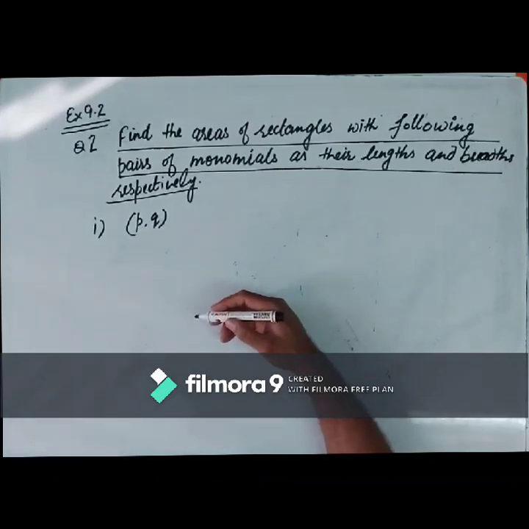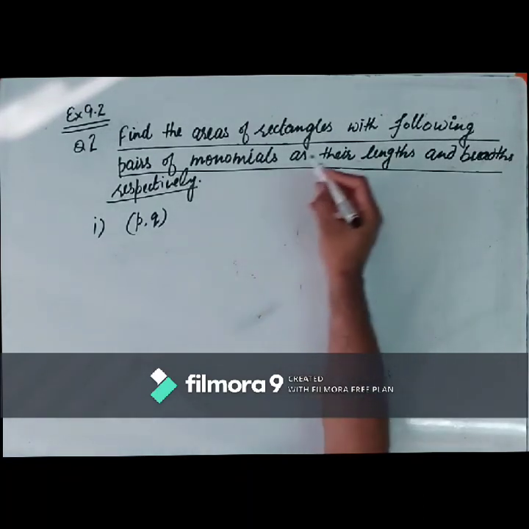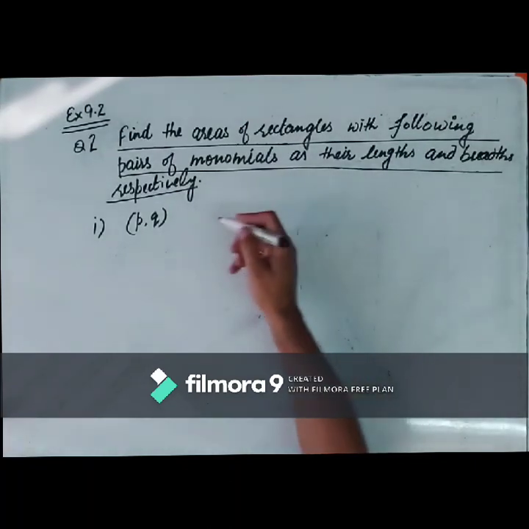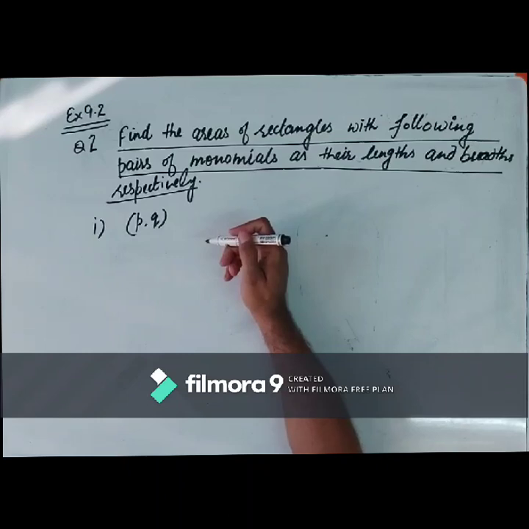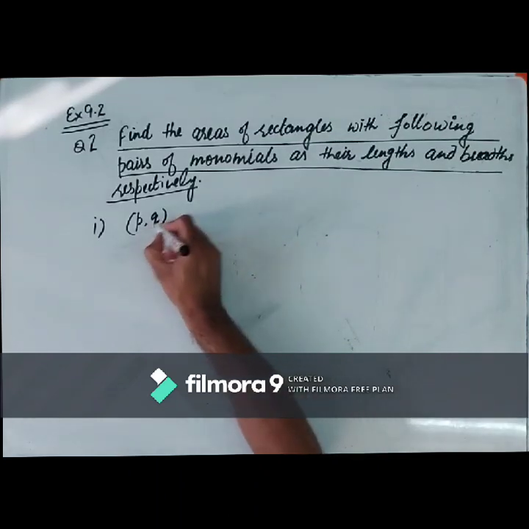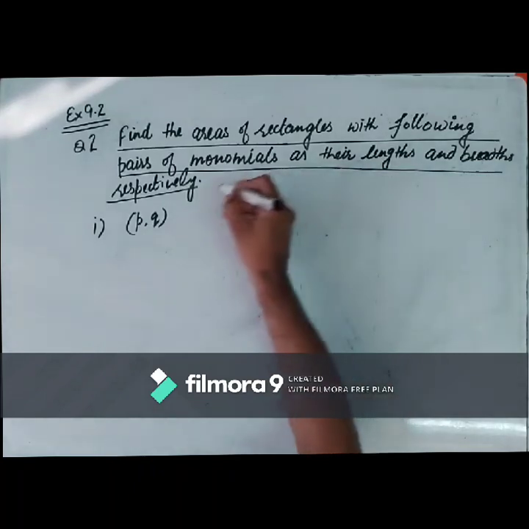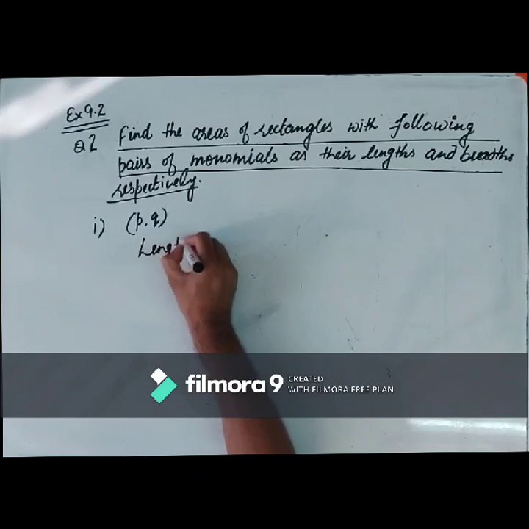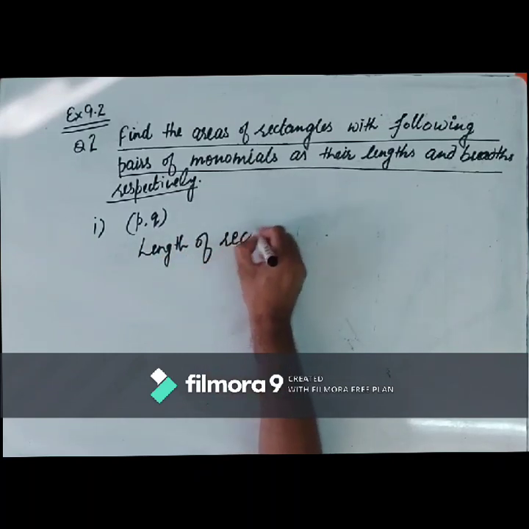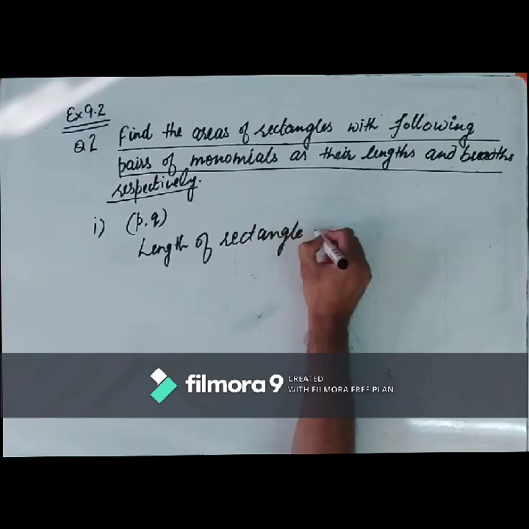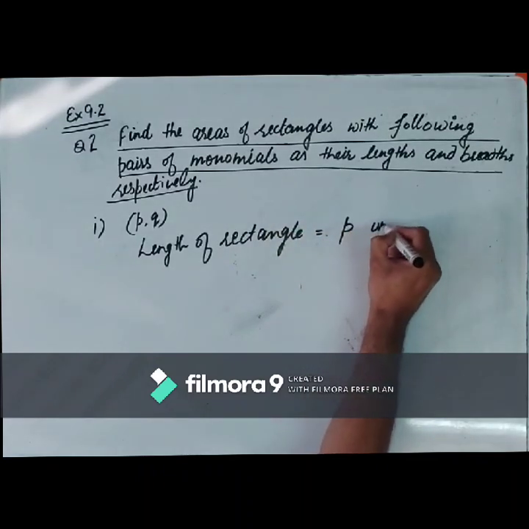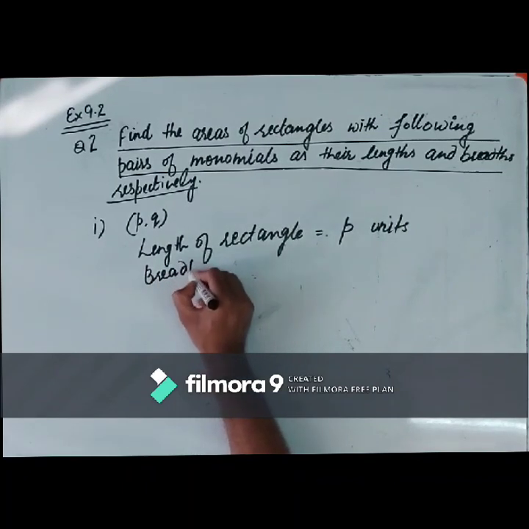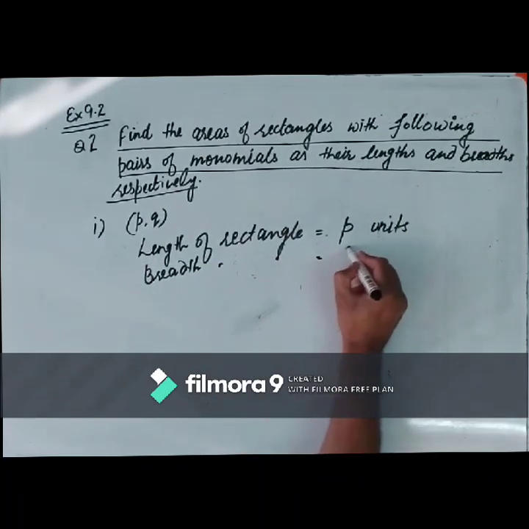Now come to question number 2, exercise 9.2. Find the areas of the rectangles with the following pairs of monomials as their lengths and breadths respectively. The first part says p, q. So here we have the length of a rectangle given as p units, and the breadth of the rectangle is given as q units.